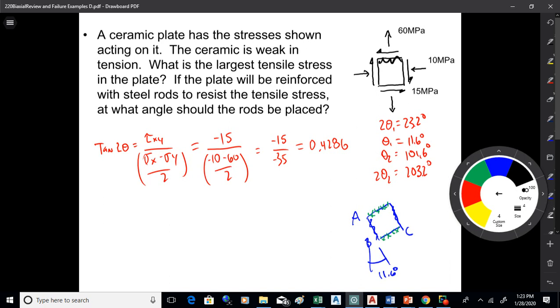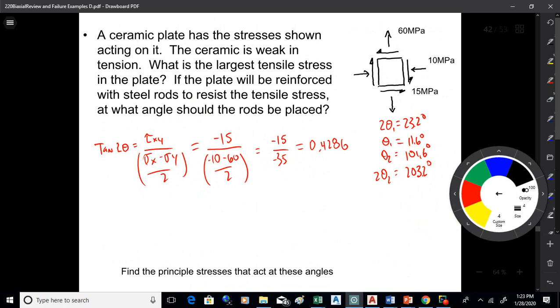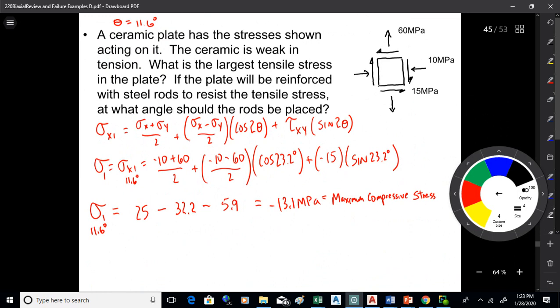So we can go through this and run the numbers, and we can take these angles and plug them into equation 25 and find the numbers. When I run the first one, I got negative 13.1.